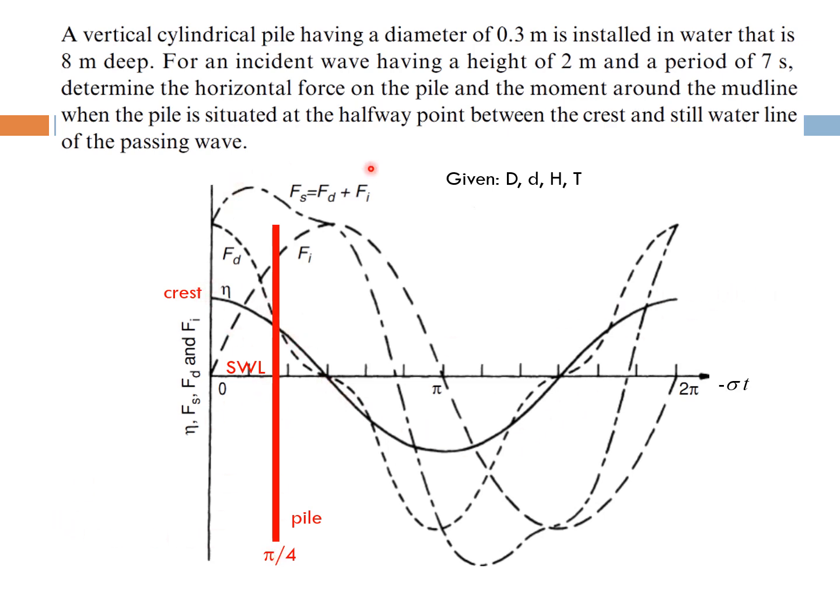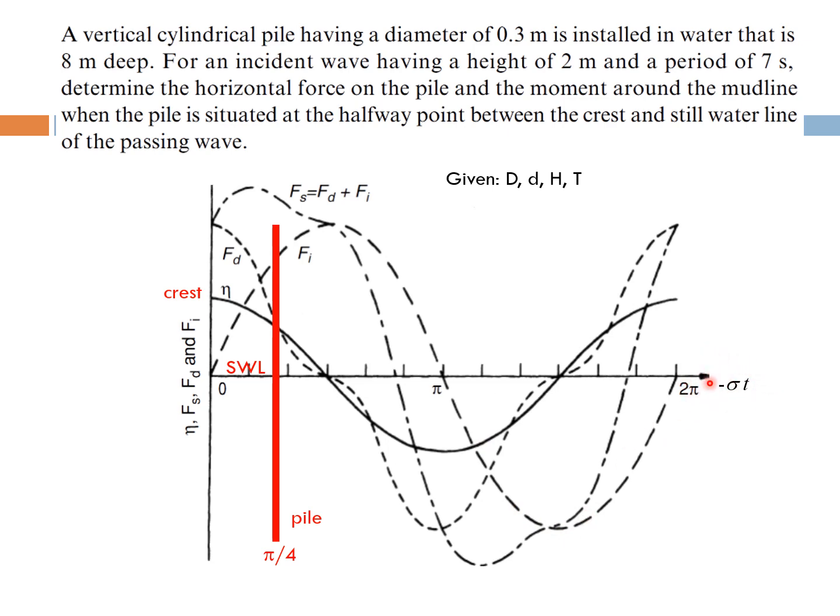So we are going to borrow the same plot that we have seen previously. The horizontal axis is still the phase angle, but since the pile position is already fixed, it's given by, say, x equals 0. So we drop the kx term and we are left with only the negative sigma t term. So for this fixed pile in this location, the wave profile, the drag force and the inertial force right now change with time only.